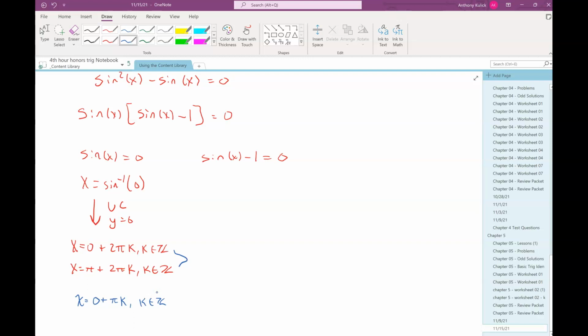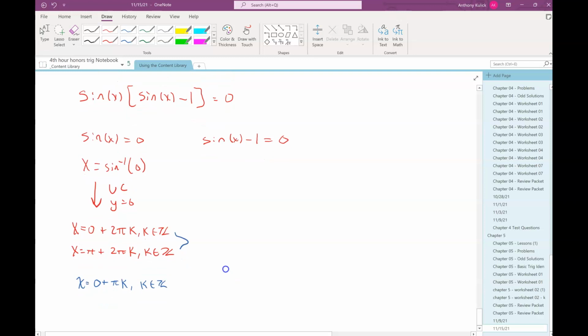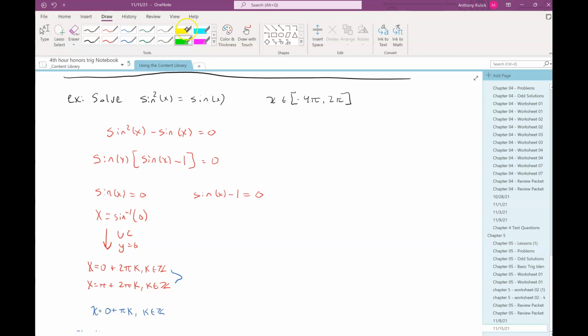And remember, what's our interval that we're solving over in this case? It's not 0 to pi anymore. This problem was different. It was negative 4 pi to positive 2 pi. So it's just 0 plus multiples of pi. Hopefully it's easy to see that this solution is going to give me all of those.